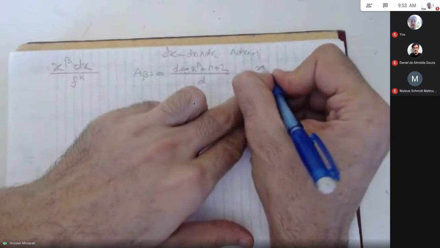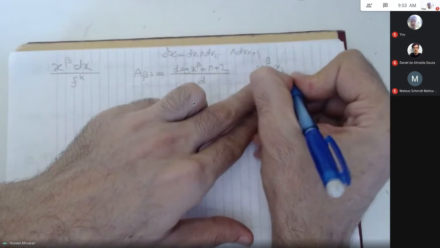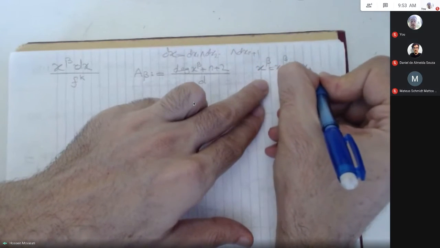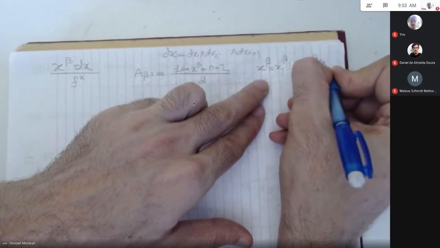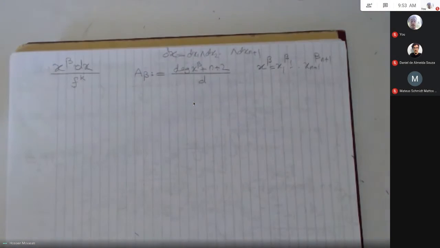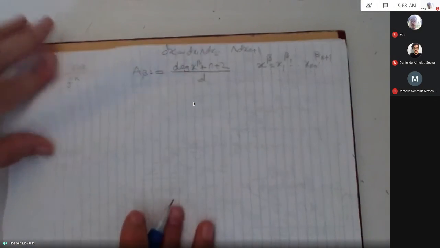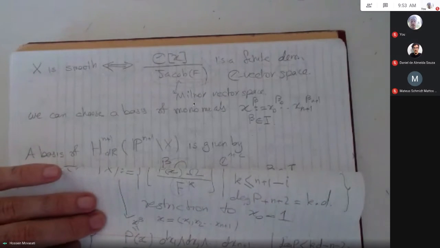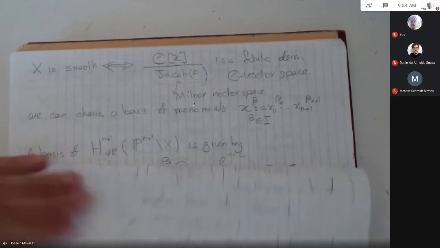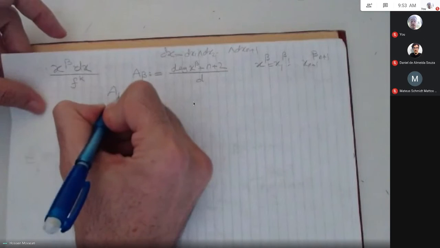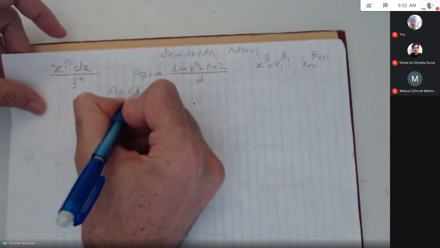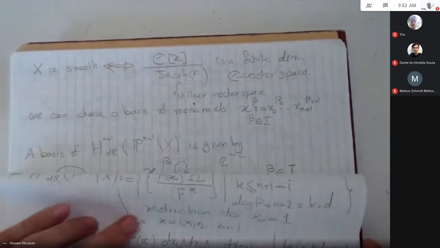So remember that at the end, x beta is x1^beta1 ... xn plus 1^beta n plus 1. This is just a monomial. And so our condition is, what is our condition? Our condition is that a beta is strictly less than, just a moment.